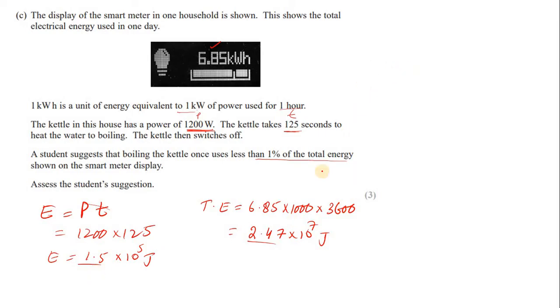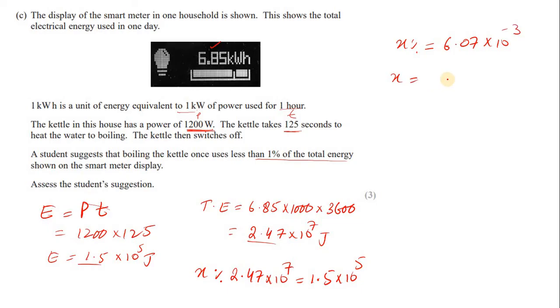So I'm just using easy comparison. I need to find X percent of total energy. 2.47 into 10 to the power 7 is equal to 1.5 into 10 to the power 5, and you find X. So X percent would be, if you divide 1.5 with 2.47, you have answer 6.07 times 10 to the power minus 3 divided by 100.